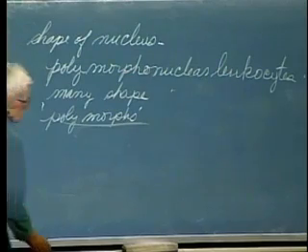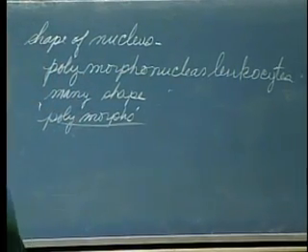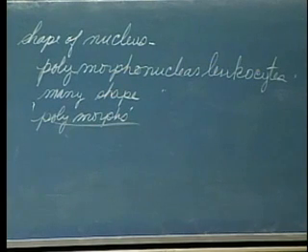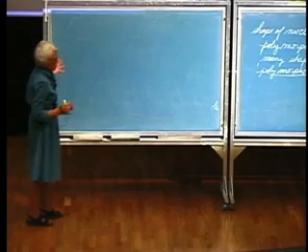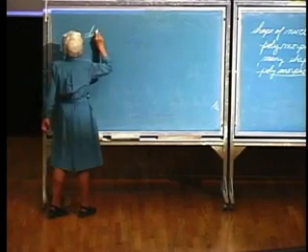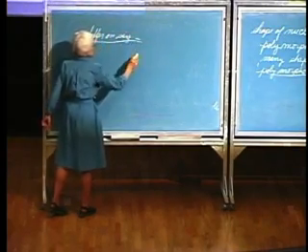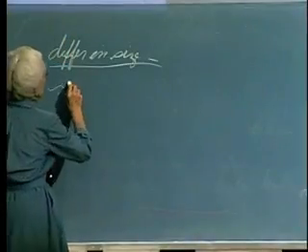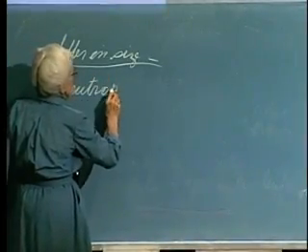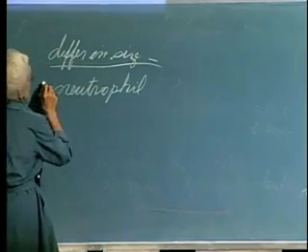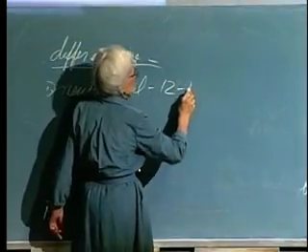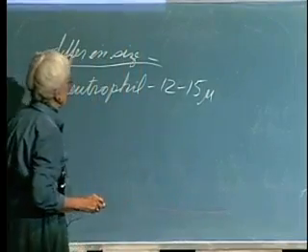So let's just name these now and then take each one individually to see why we need so many. They differ in size as well, so we'll just list them according to size. The largest then will be the neutrophil, and it will be from 12 to 15 micra in diameter.